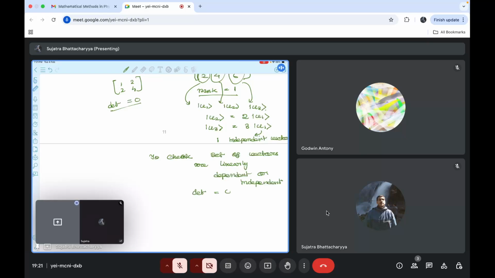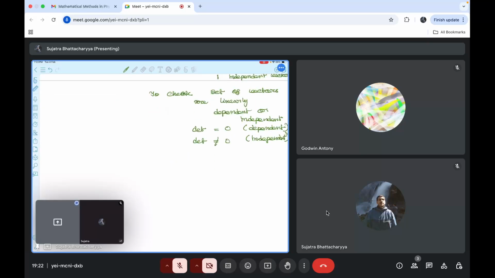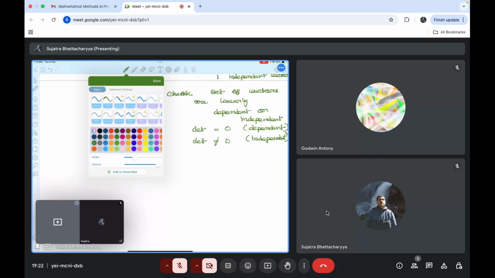If the determinant comes out to be 0, that means it is dependent. We have seen it just here. But if it is not equal to 0, then you can say that it is an independent set of vectors. This dependent and independent set of vectors plays an important role in understanding the concept of the basis. But before that, we will go towards the span.